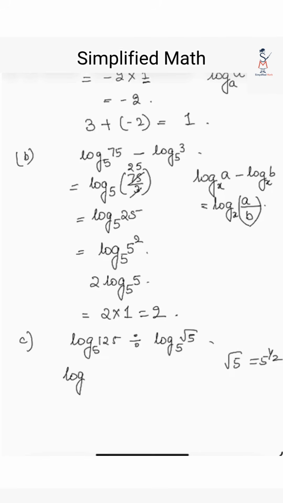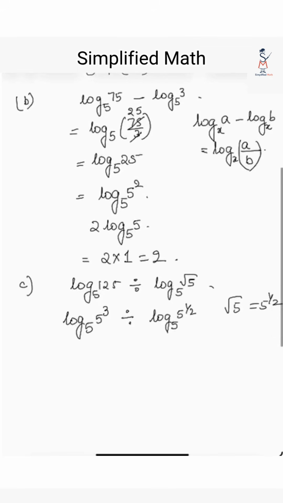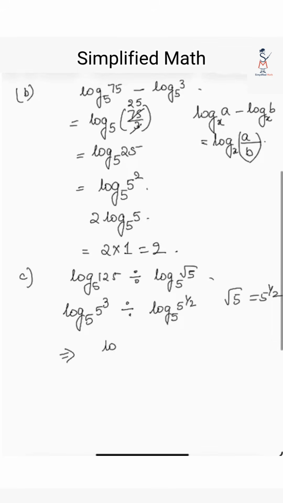And log 125 can be written as 5 raised to the power 3 divided by log 5 raised to the power half to the base 5. Fine. Now we will divide these two logs. Before dividing, we will write 3 in front of this log because the power comes in front of the log, that's the rule. And same way, half will be written in front of the log, half into log 5 to the base 5 divided.